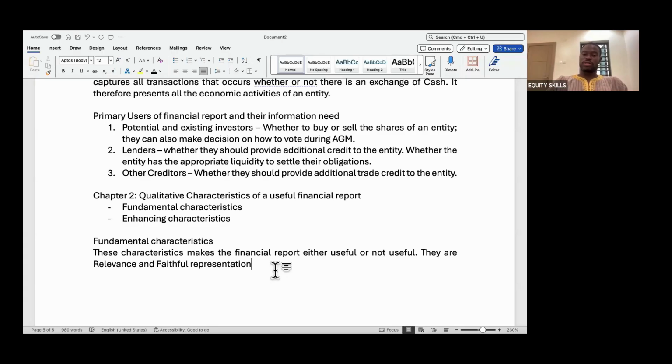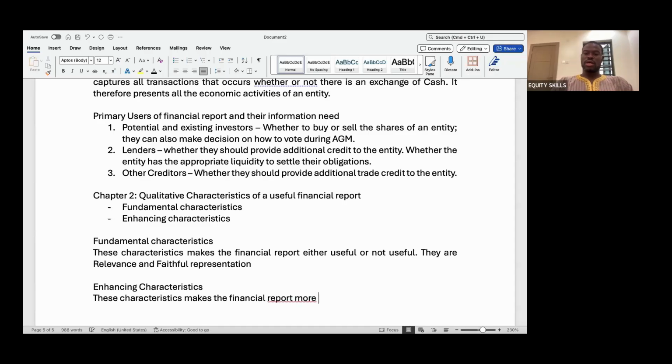The second one, which is enhancing characteristics. So these characteristics make the financial report more useful or less useful.